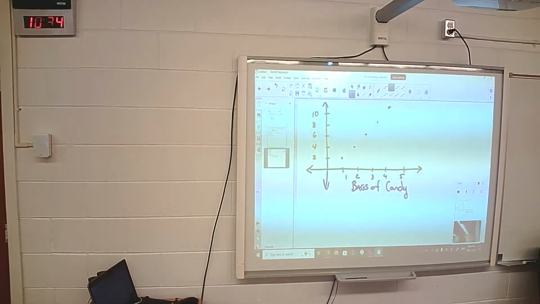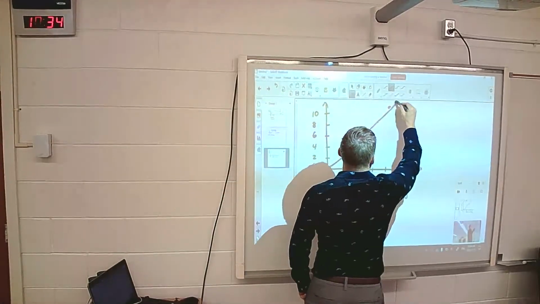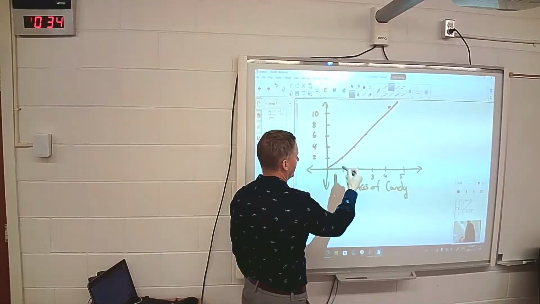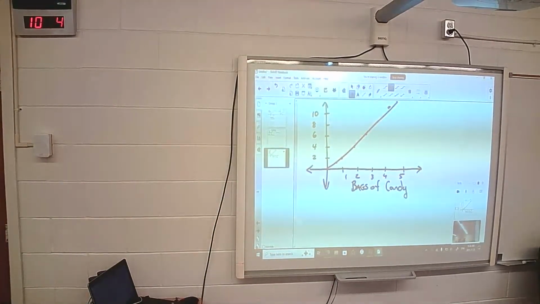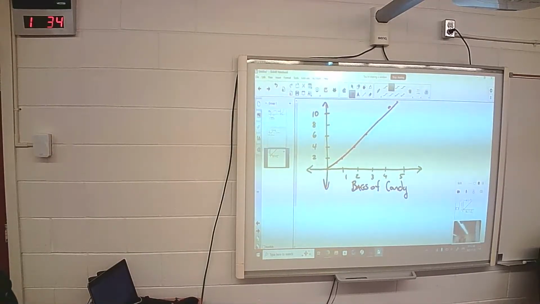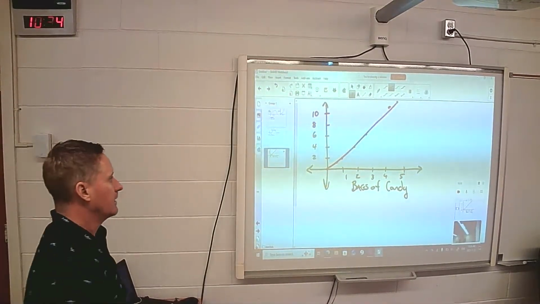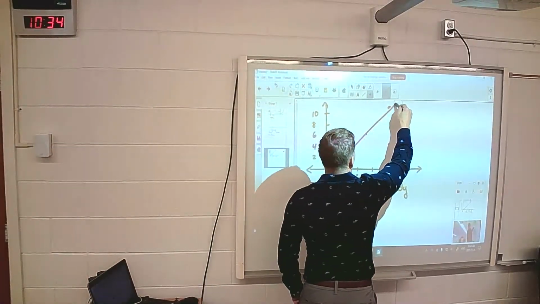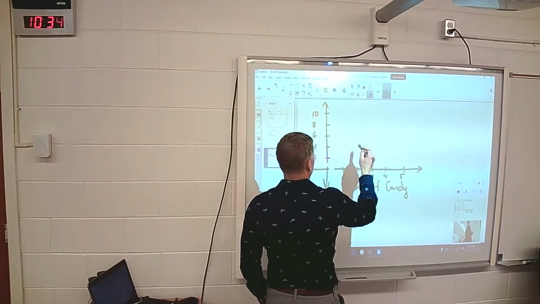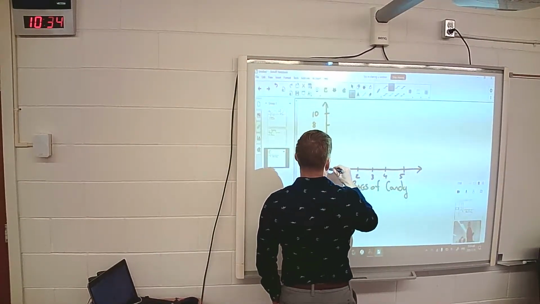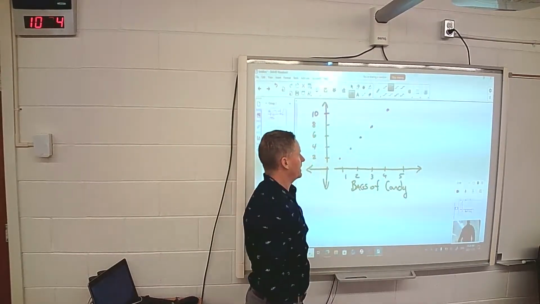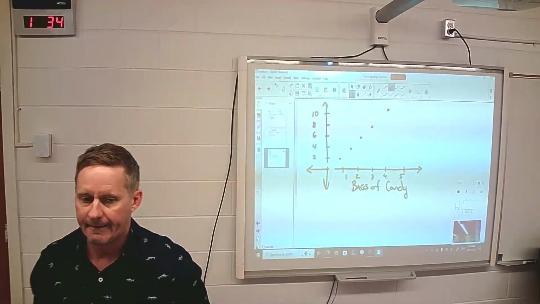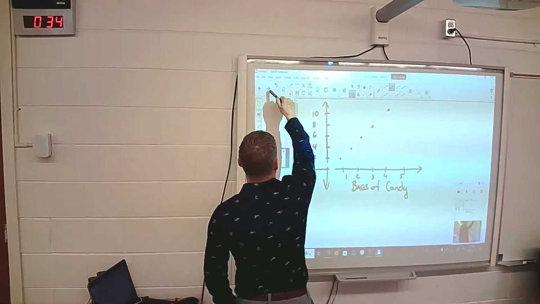So if I drew a line through these, which I can't, that would imply that I could have half a bag of candy and it would cost $1. Doesn't work like that. Okay? This is called discrete. Discrete means I don't have a line. That's discrete.